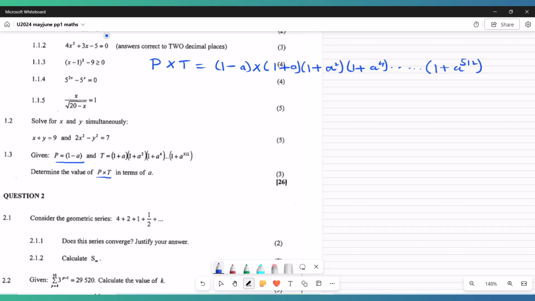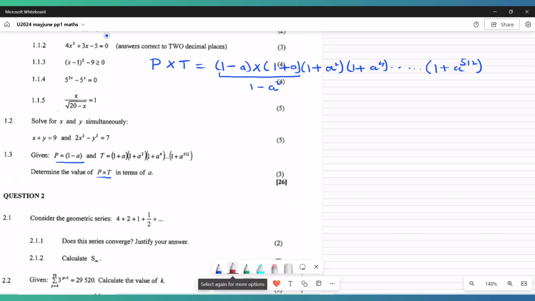Now I want you to note this: if I multiply the first two brackets, what do I get? This is 1 minus a times 1 plus a. I can see it's a difference of two squares, so it's going to be 1 minus a squared. So now I have 1 minus a squared to be multiplied with the next one.